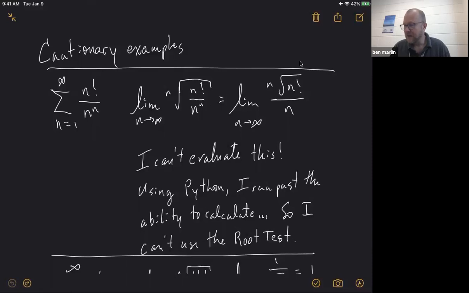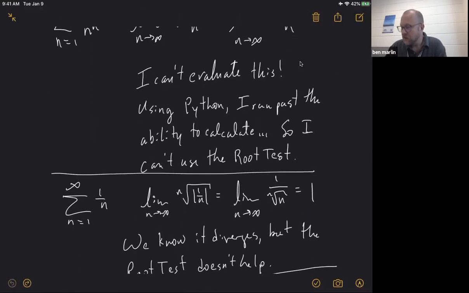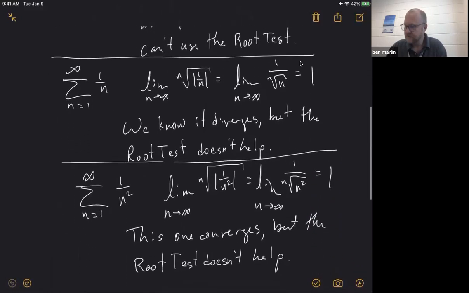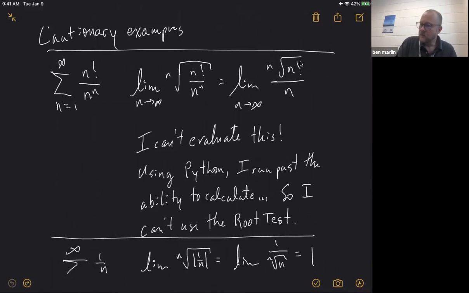So as I say, I suspect it goes to infinity, but when I tried to just graph it with Python for fairly small values of n, it started to say that it just couldn't evaluate the n factorial. So we just have to accept that we can't evaluate that. So that means that the root test is not useful in this.